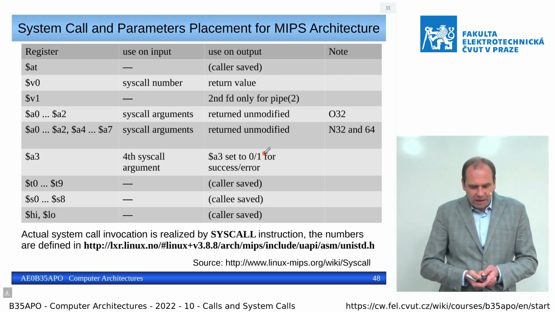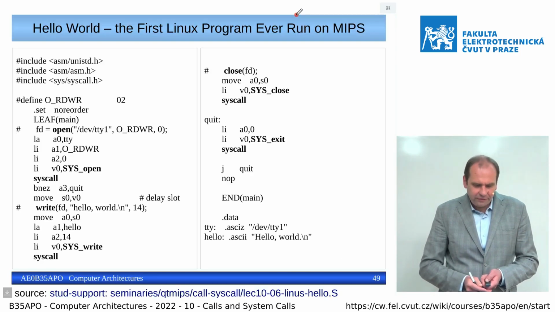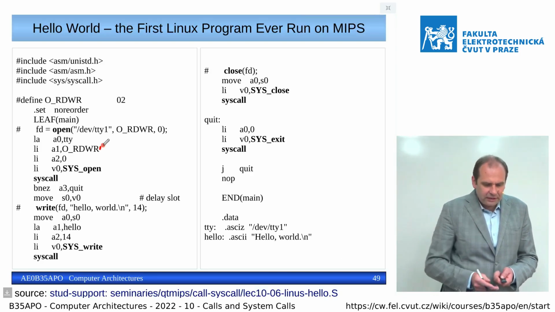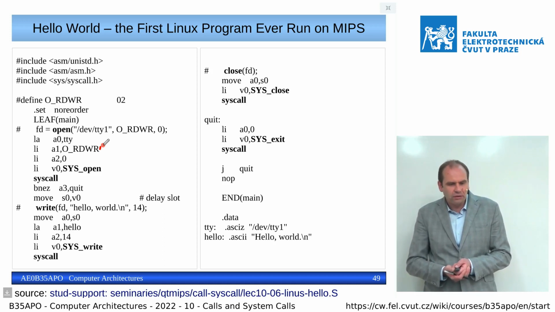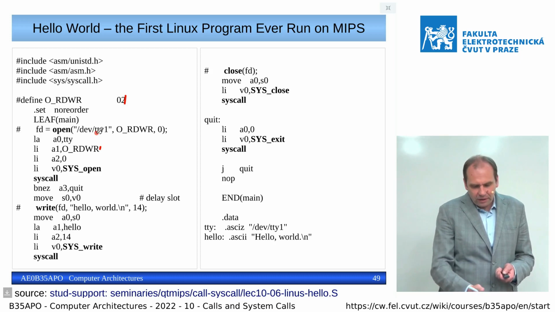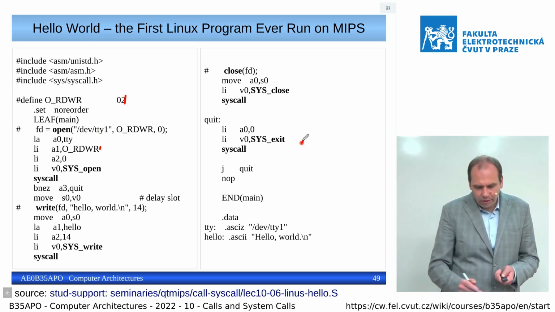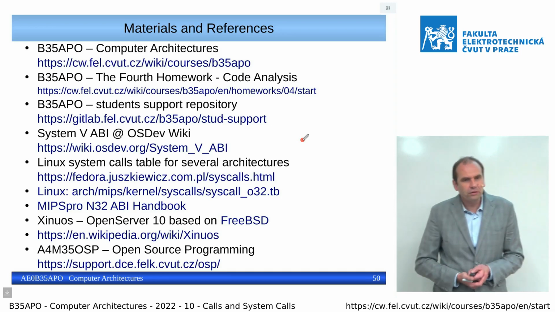There is an example even for the MIPS architecture where it is a little different, and it is the first program really from Linus Torvalds which has run on the MIPS architecture. Again, it is exactly this, open and write hello world to the serial line. And it is all for today's lecture.